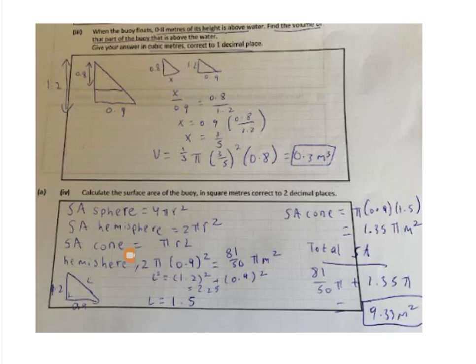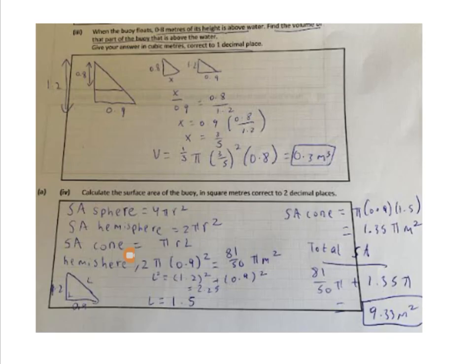Working that out gives us l squared is equal to 2.25, and to get l we take the square root of both sides, which leaves us with l equal to 1.5. Then we have enough information to fill in the formula for the surface area of the cone, and we get 1.35 pi meters squared.